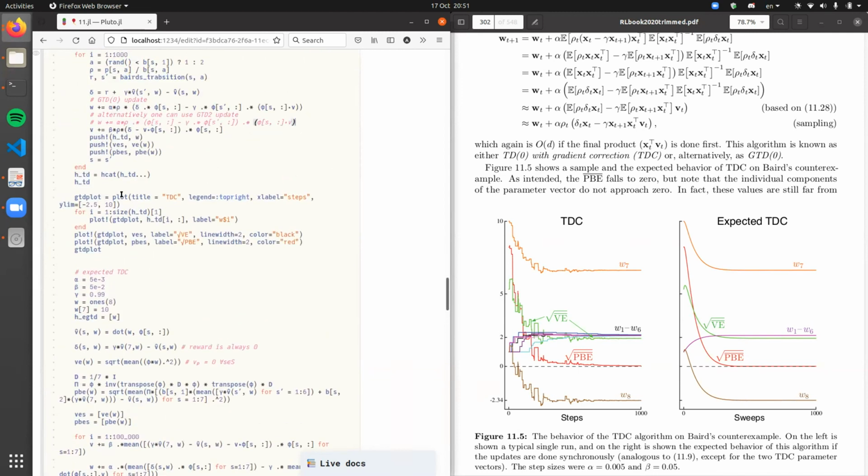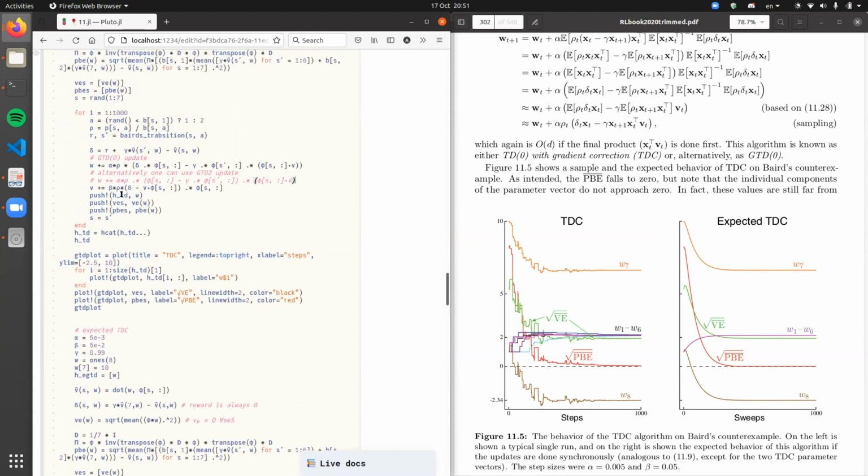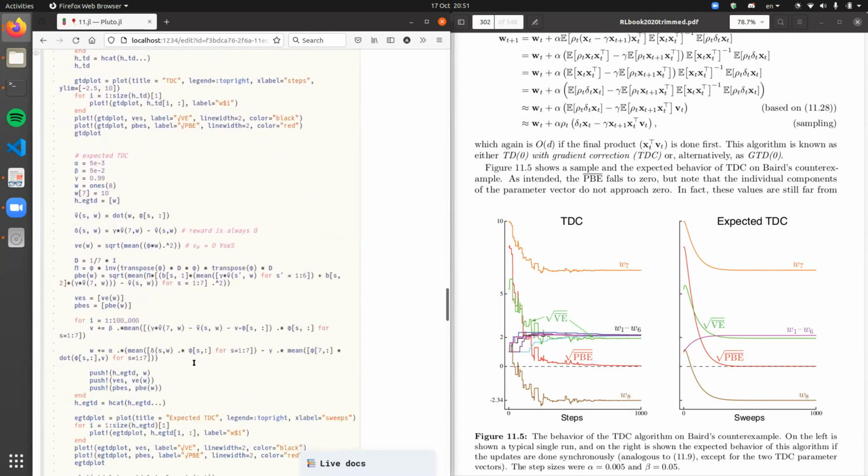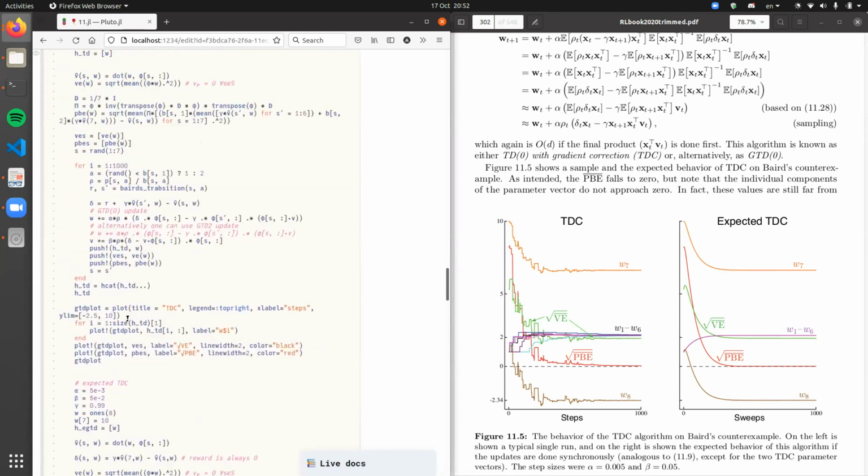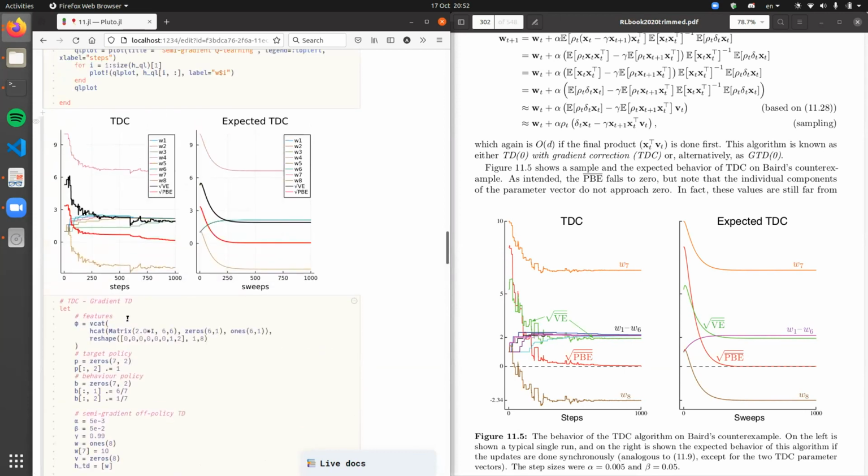But again, remember that all these results are for that particular Baird's counterexample, which is specifically designed to be difficult for off-policy learning.